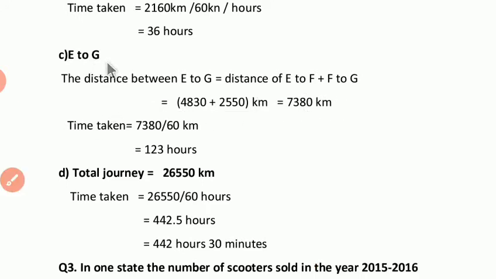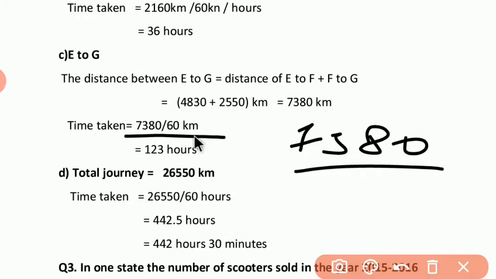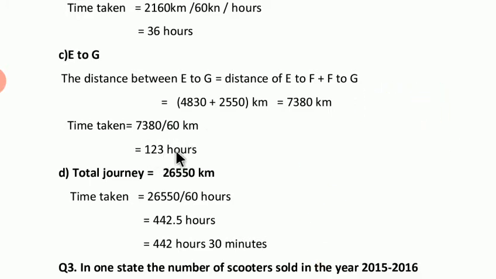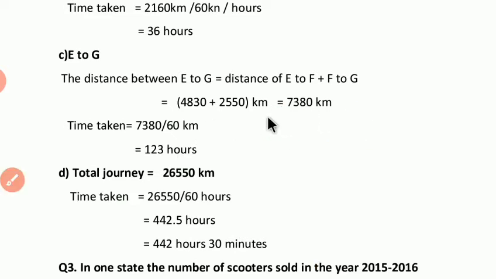Now I'll find the time taken from E to G. Time taken is 7380 upon 60 km per hour, which is equal to 123 hours. It means in 123 hours it covers a distance of 7380 km at 60 km per hour. In 1 hour it covers 60 km, so in 123 hours it covers 7380 km.